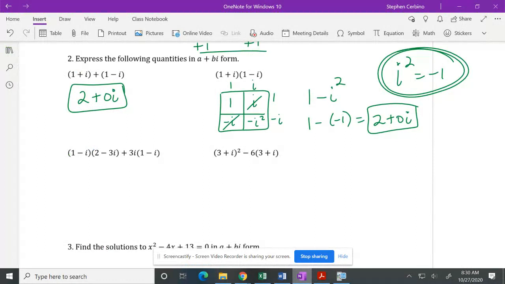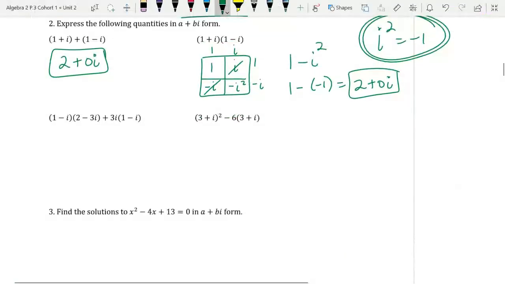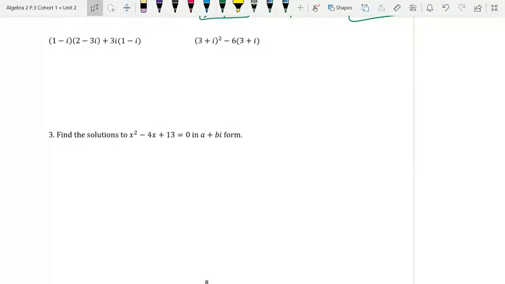Let's see how we do it algebraically though, right? Because I could ask you to do this algebraically. So to do this algebraically, we're going to start by doing some multiplication, some box work here. So I'm going to get 2 minus 2i minus 3i and 3i squared.